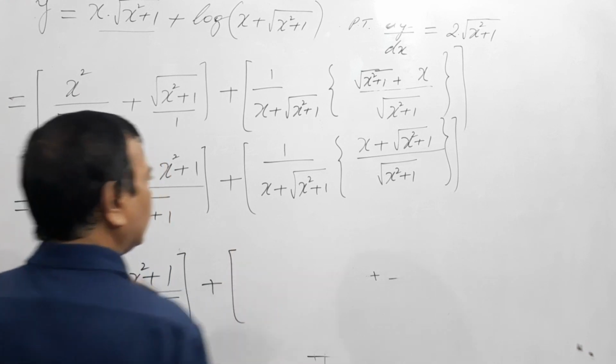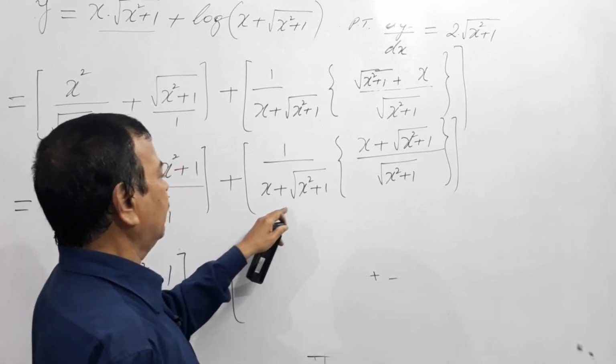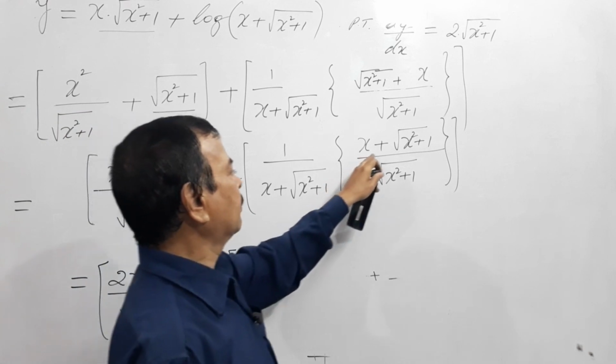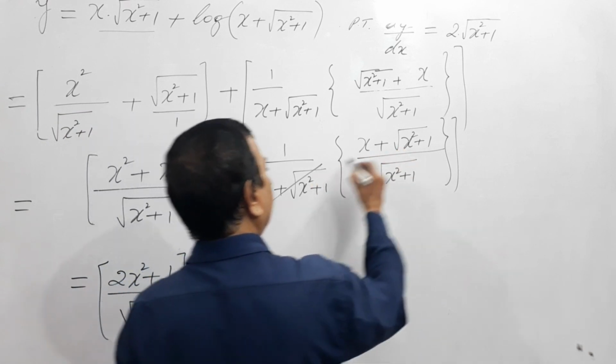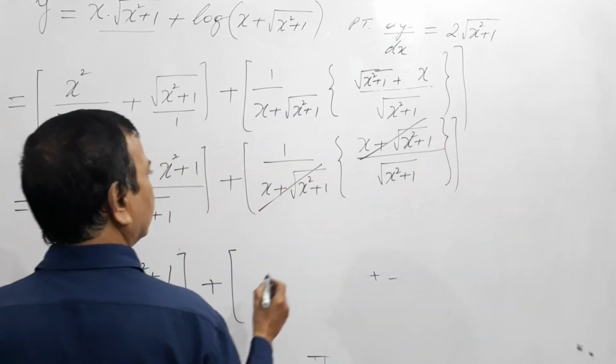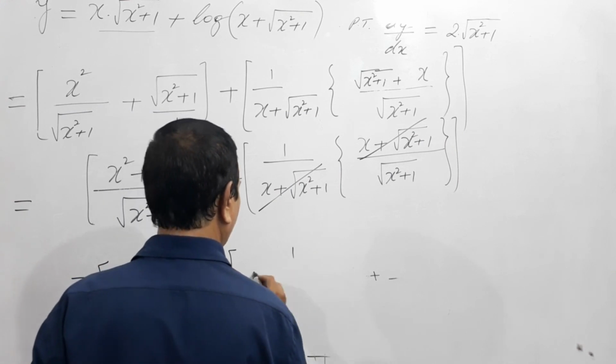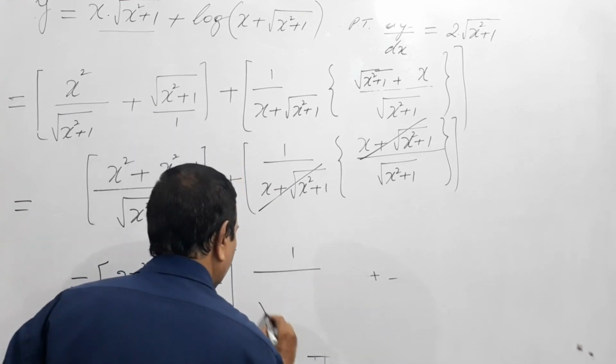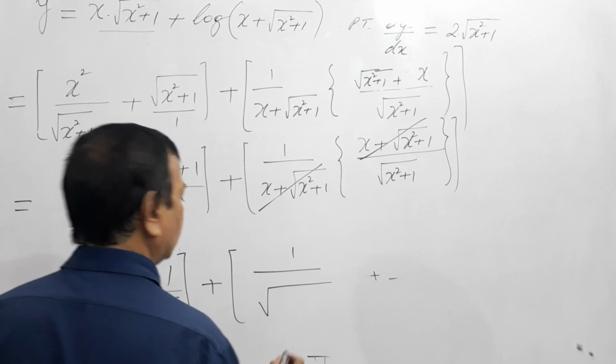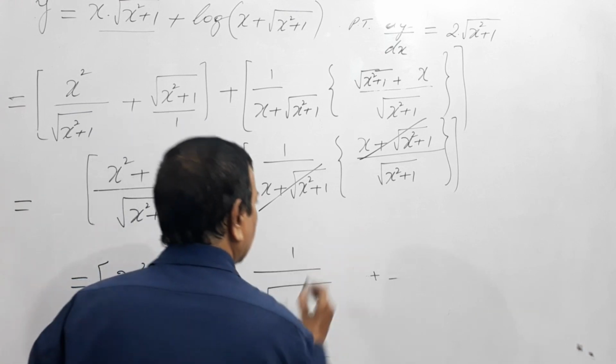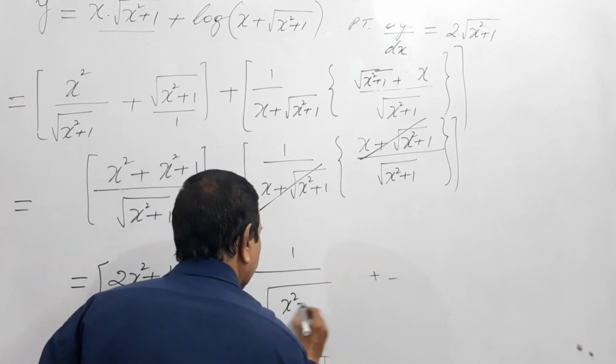Plus, see here, x plus under the root x square plus 1, x plus under the root, this and this cancels. So I'm left with what? 1 by x square plus 1.